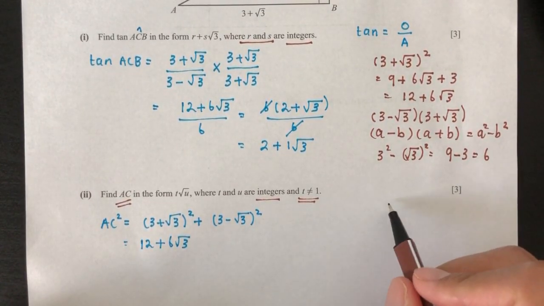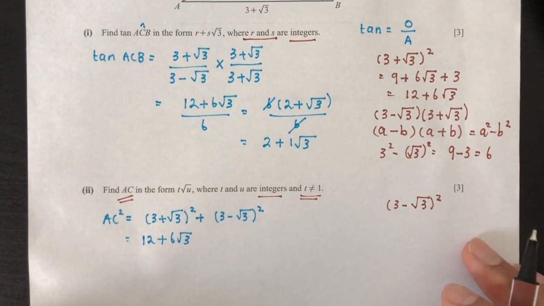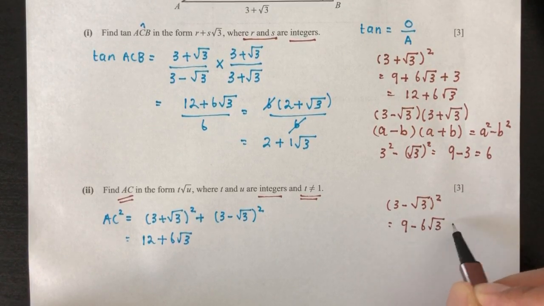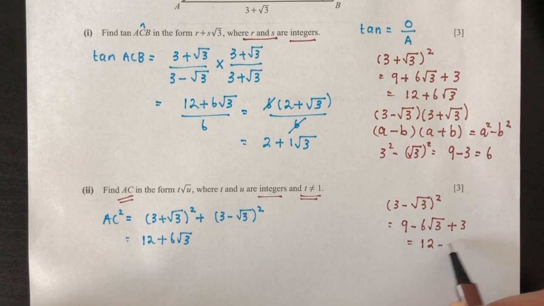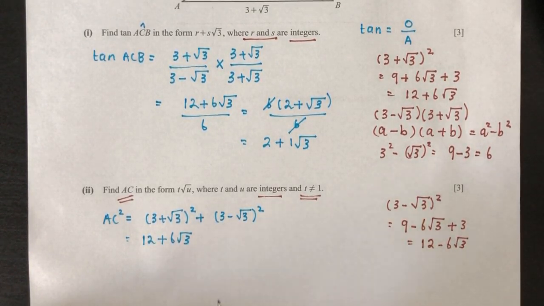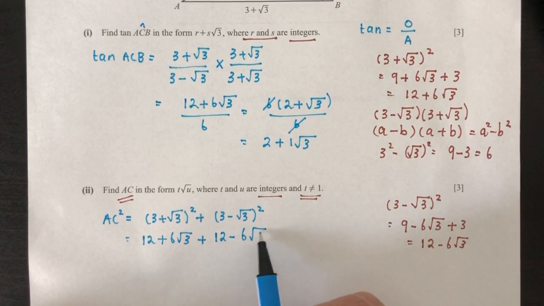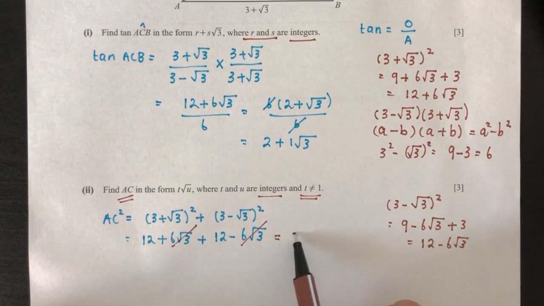Let's check. What is 3 minus root 3 squared? That will be 9 minus 6 root 3 plus 3, which is 12 minus 6 root 3. If you replace this back here, you will have plus 12 minus 6 root 3. So these two cancel out, and you have 12 plus 12, which is 24.